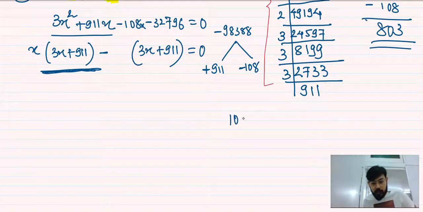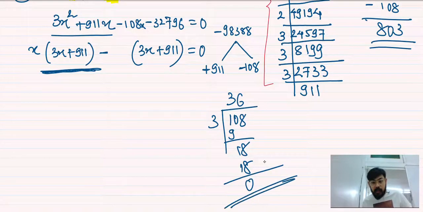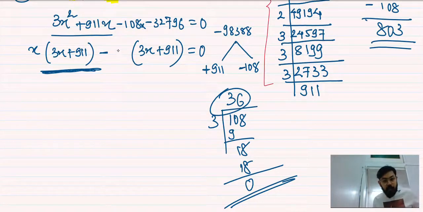So what I'll do is I'll take 108 and divide it by 3. 3 3s are 9 and 3 6s are 18. So that factor has to be 36. Okay, but let's check it.